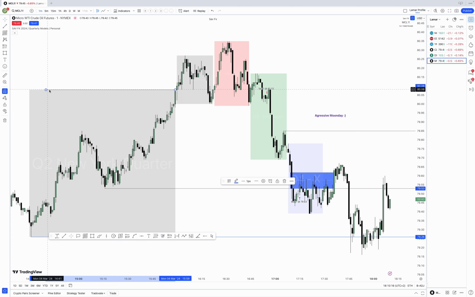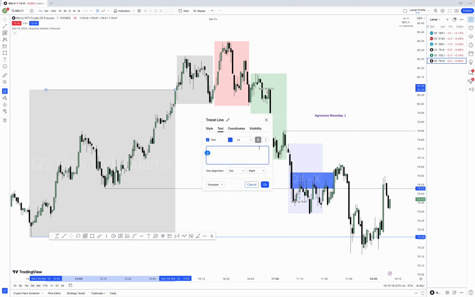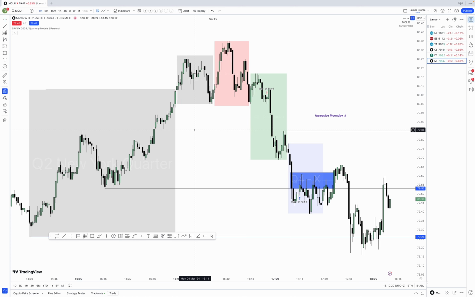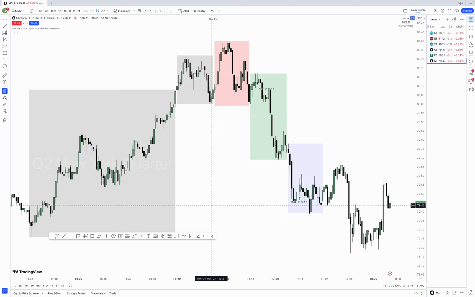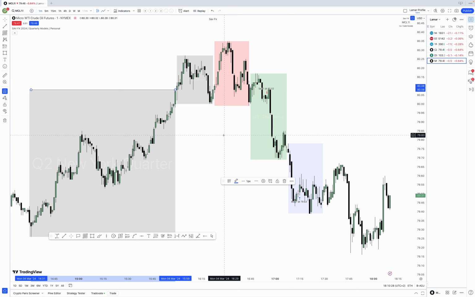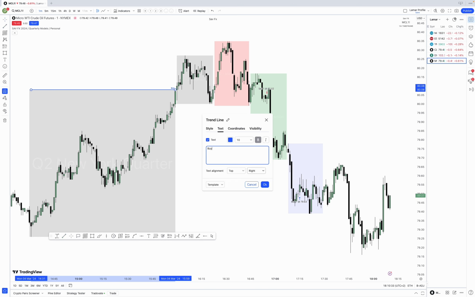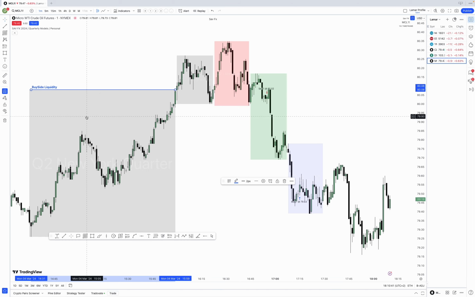This is buy side. Let me remove everything, then just smug it out like this. Okay, then we'll say buy side liquidity. So that's our first buy side.